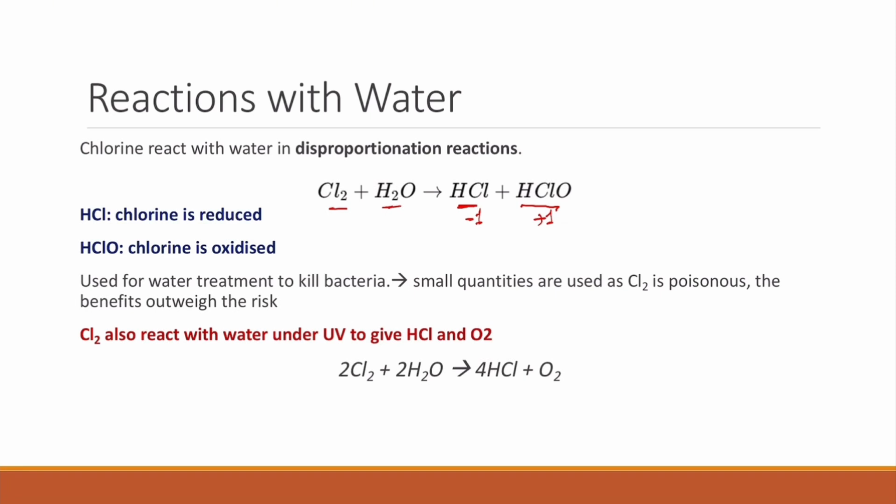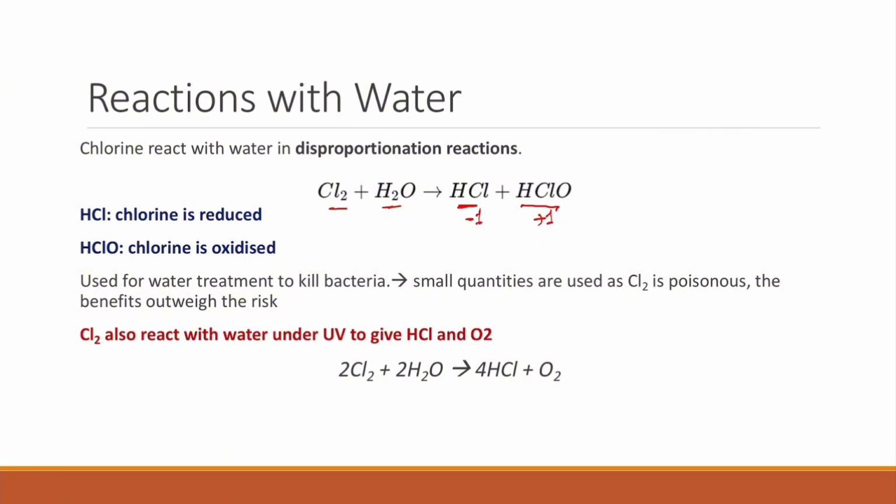But we need to balance between the risk of not using chlorine to sterilize water and kill bacteria, and the risk of someone getting poisoned by the excess of chlorine. And because the benefit outweighs the risk, chlorine is used in water, and they only add small quantities anyway.